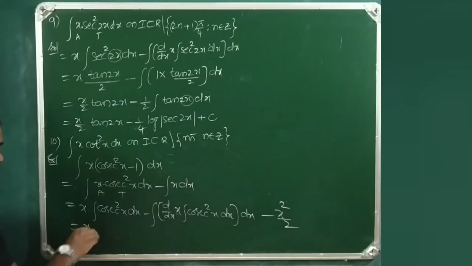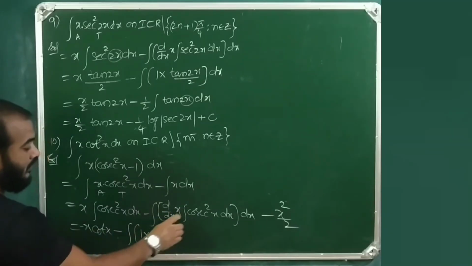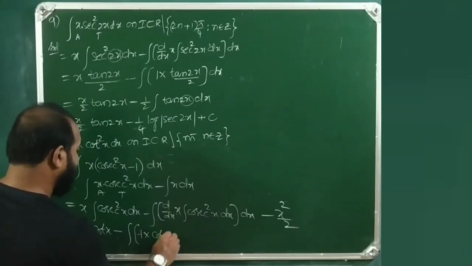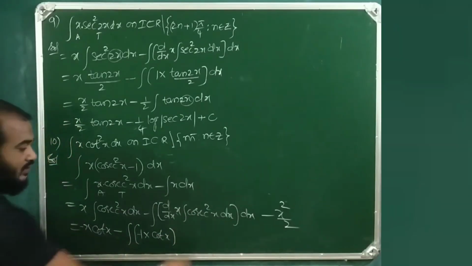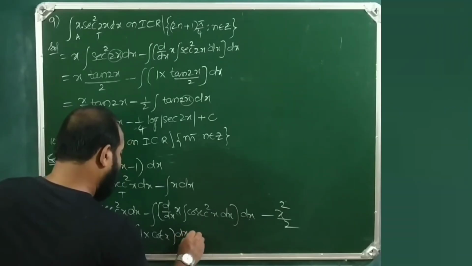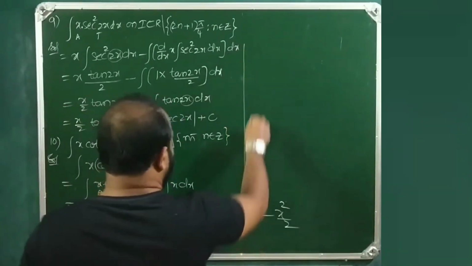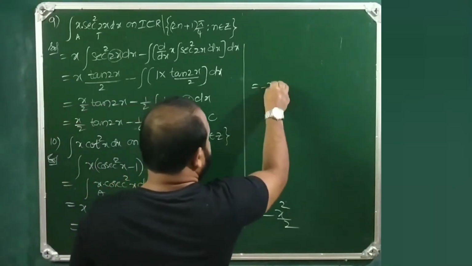So this is x into integral cosecant square x dx, which is minus cot x, minus d by dx of x, which is 1, into integral cosecant square x dx, which is minus cot x dx, minus x square by 2. This is equal to minus x cot x.